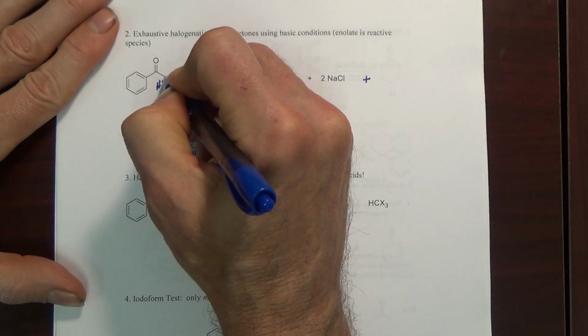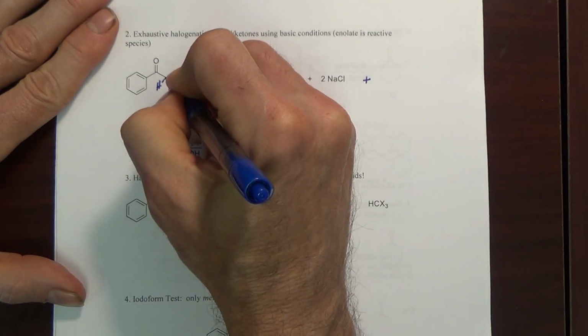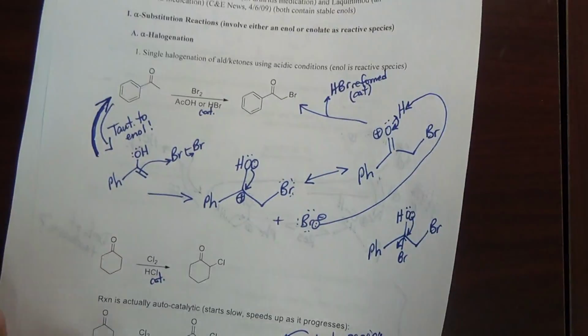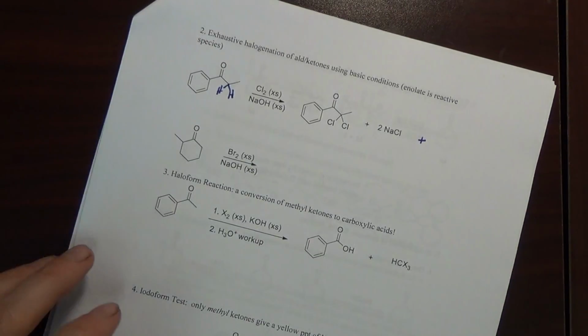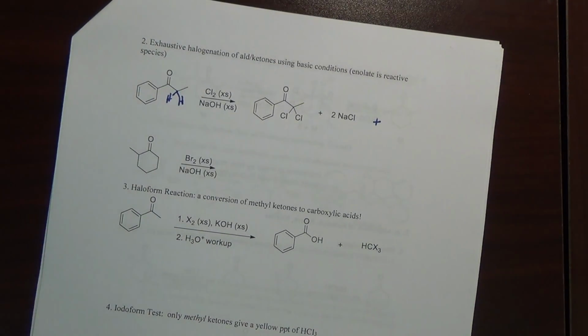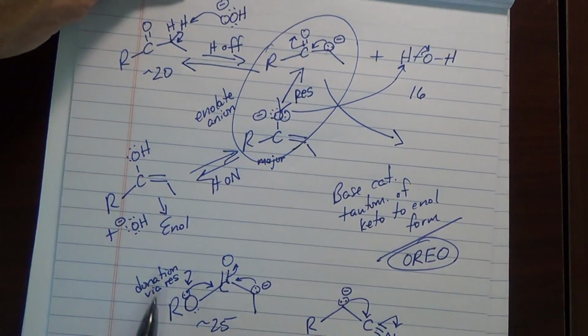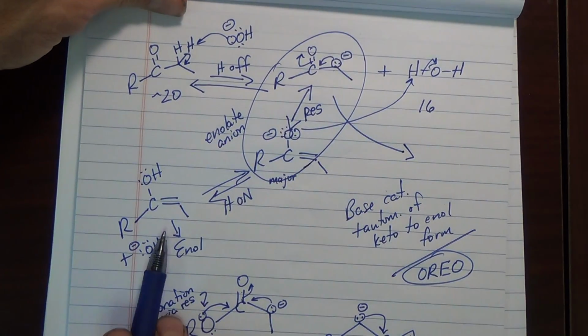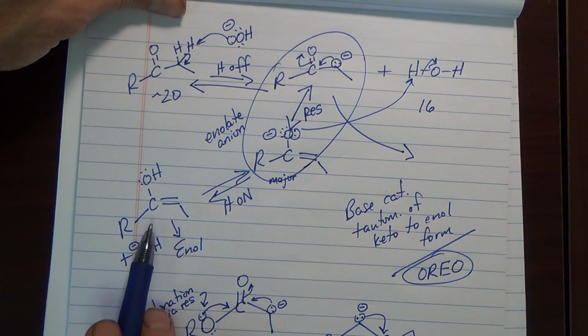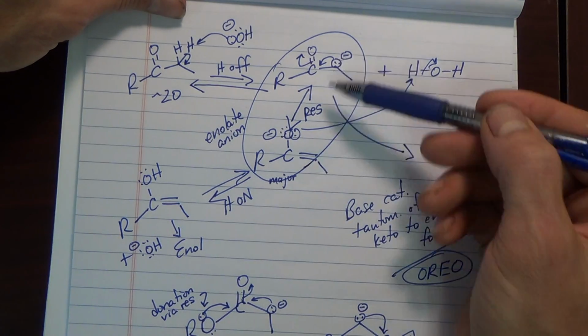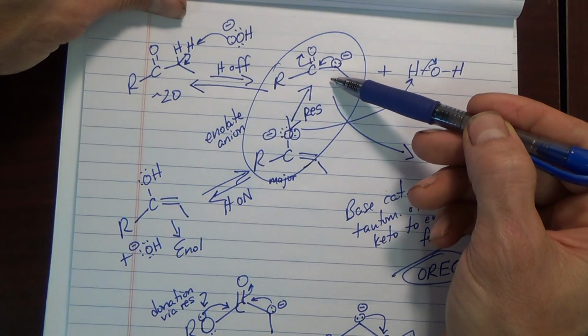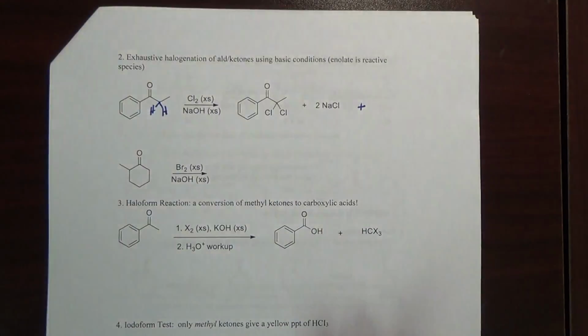Now under basic conditions, it's not actually the enol. We could get to the enol, right, as we did here. But instead of the enol reacting, we're actually going to have the enolate react before we get to the enol.